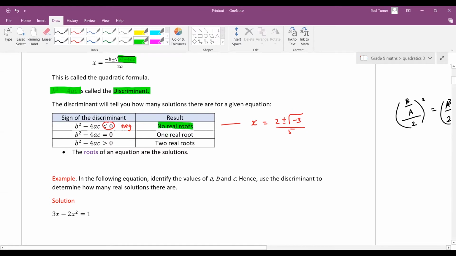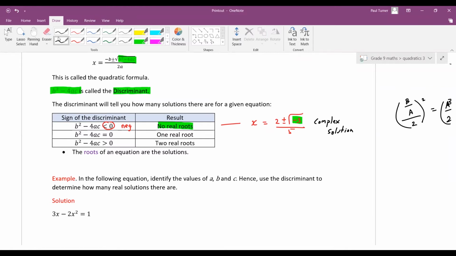Okay, there's no real root because you've got a negative underneath the square root sign. And this is actually an imaginary number. I should write that down, or actually, I'll write a complex number. So complex solution. So this is not a real number. Complex numbers, you need a different diagram to draw them. You don't draw them on the real number line.